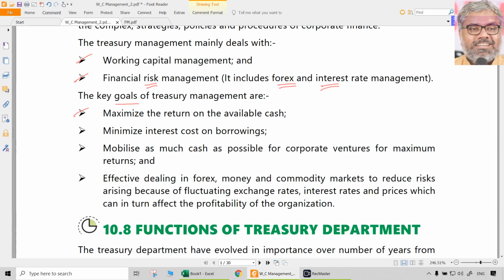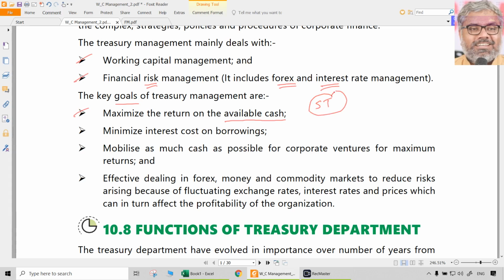Maximizing the return on the available cash. So the cash that is available should not be kept idle. It should naturally be invested. And usually the investment will happen in marketable securities, that too in debt instruments, sometimes called money market instruments, in the short term.